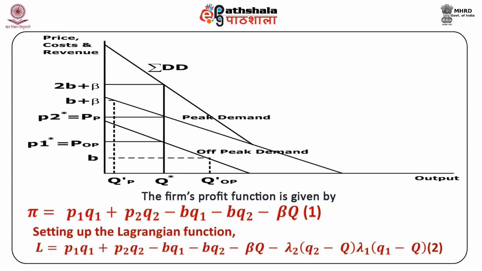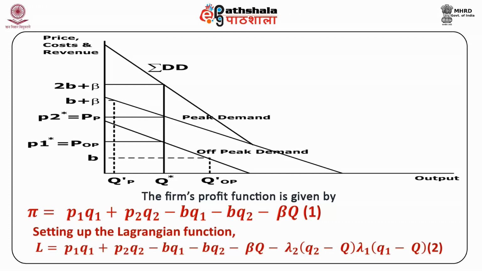We correspondingly get the following Kuhn-Tucker maximizing conditions, which is Q1 star greater than or equal to 0, P1 minus b minus lambda 1 star less than or equal to 0, Q1 star into (P1 minus b minus lambda 1 star) is equal to 0, equation 3.